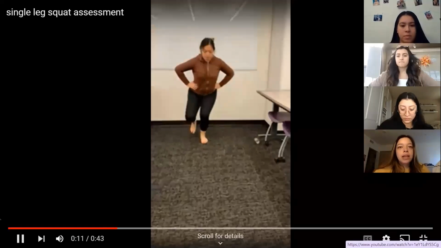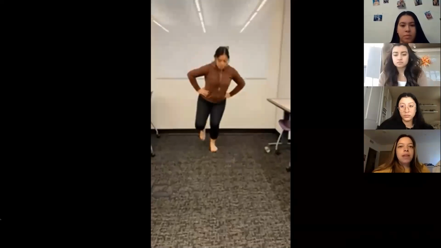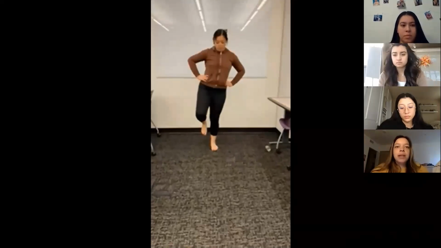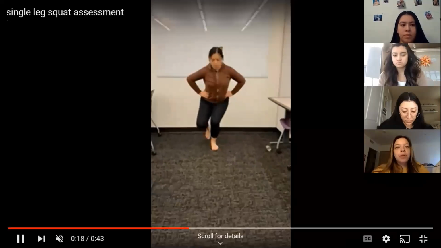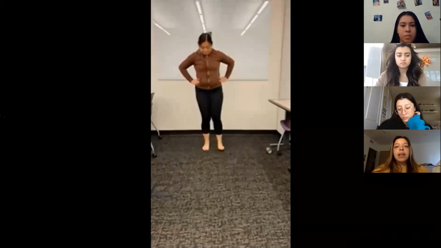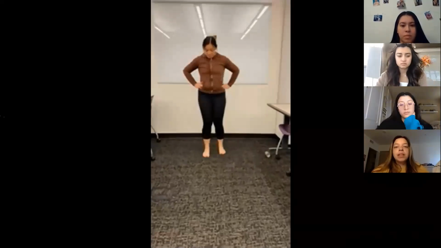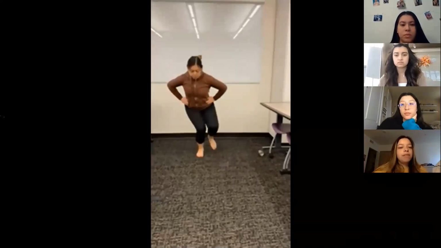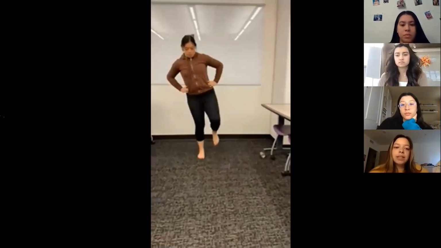So some compensations that you can see in the video, in the right leg, you can see a little bit of the knee moving inward and the torso moving inward also. Moving to the left leg, you can see it more clearly with that knee valgus moving inward and more of my torso going in, as you can see in the video right here.